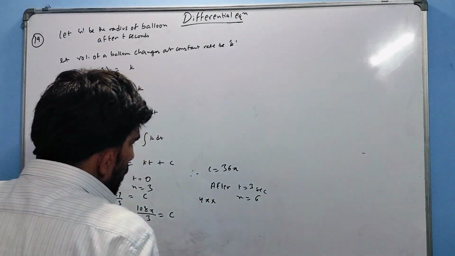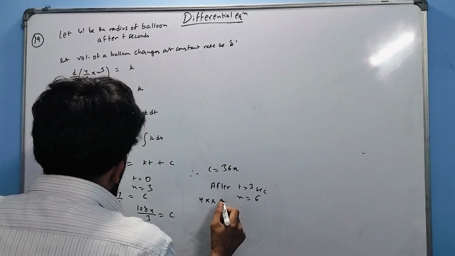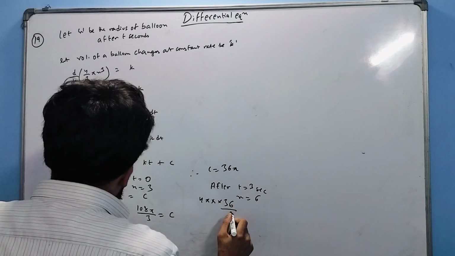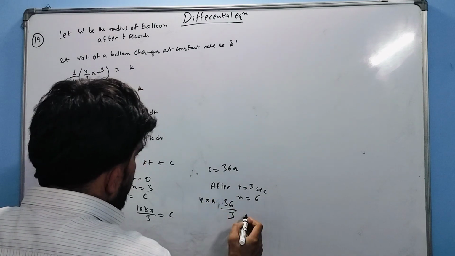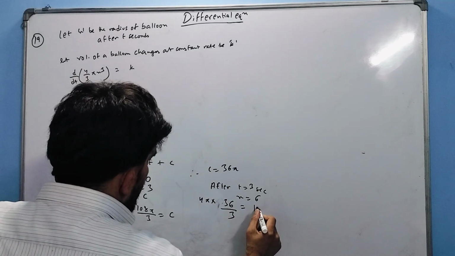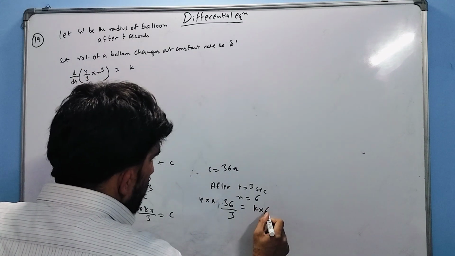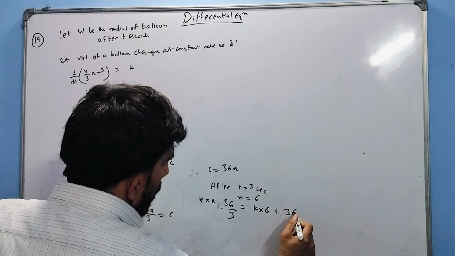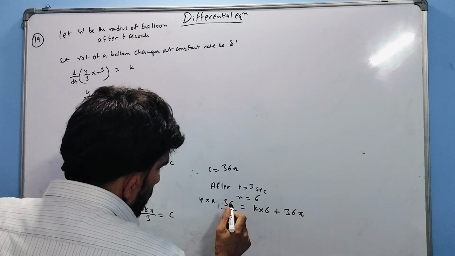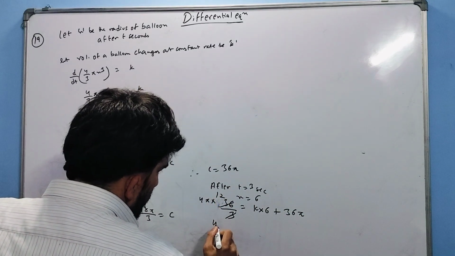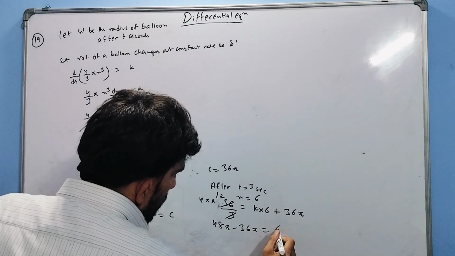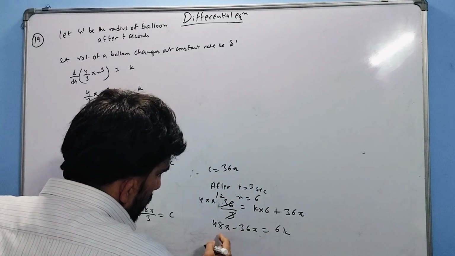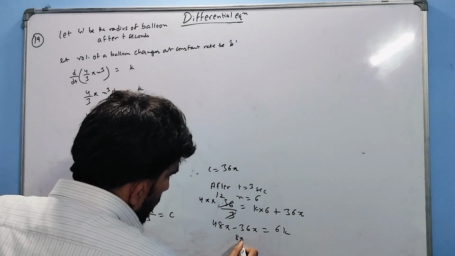So I will say into 36 upon 3. 36 upon 3 is equal to k into t was 6 plus 36 pi, 12. 48 pi minus 36 pi is equal to 6k. So I got 8 pi upon 6 is equal to k.